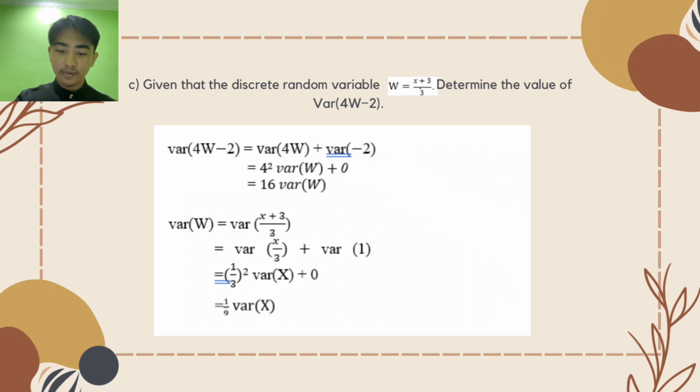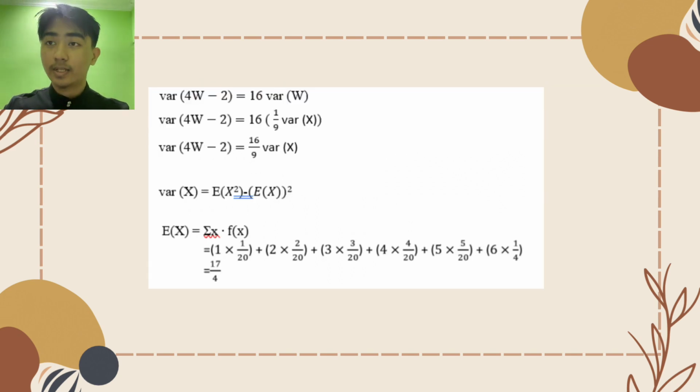We use the same method as before. The variance of X over 3 plus the variance of 1 over 3, so we calculate and have 1 over 9 times the variance of X. After we finish that, we put them into the same equation. The variance of W minus 2 equals 16 times the variance of W, and the variance of W, as we know, is 1 over 9 variance of X. So the variance of W minus 2 equals 16 times 1 over 9 variance of X. We calculate and have 16 over 9 variance of X.